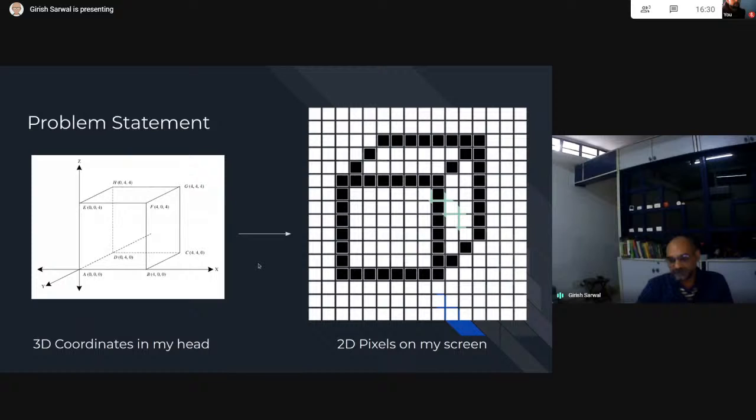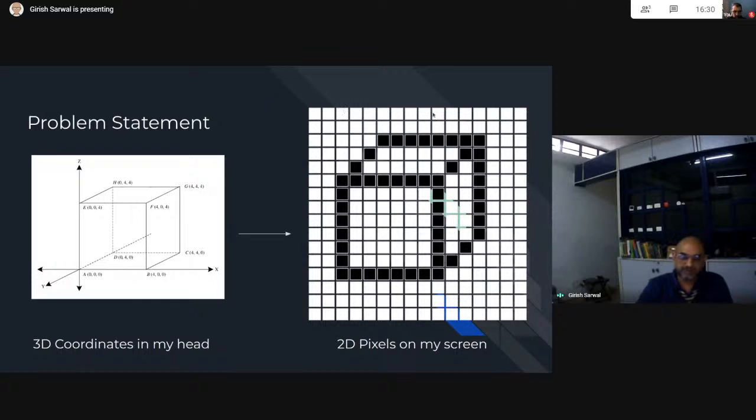So our problem statement as game developers is, I've got a cube, and these 3D coordinates are in my head, or they are mathematical calculations, and my job is to convert it into this array of bulbs that I can light up or turn off. And the moment I do this, I start seeing images on my screen. In this particular slide, you can see a very rudimentary image of a cube.